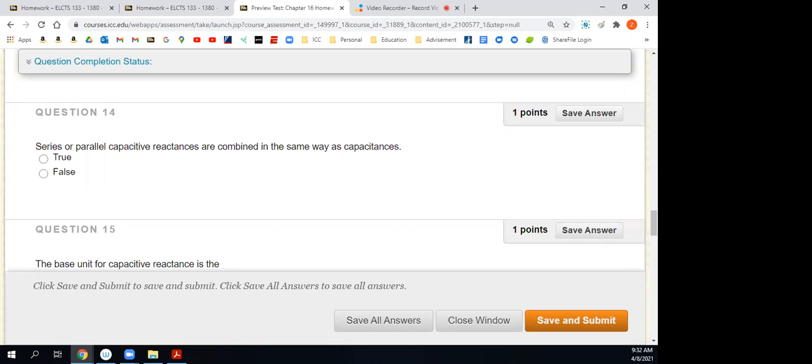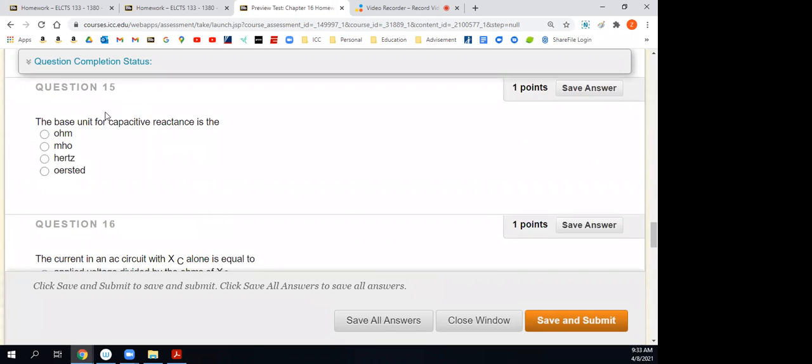You have its ability to store charge measured in farads, and you have its resistive value in an AC circuit called capacitive reactance. Remember, this one is ohms. That's going to be key, because if you remember the capacitive reactance as an ohmic value, it'll make all these stupid little questions make more sense. That's just how it reacts in an AC circuit. Series are combined the same way as capacitors. That's false.